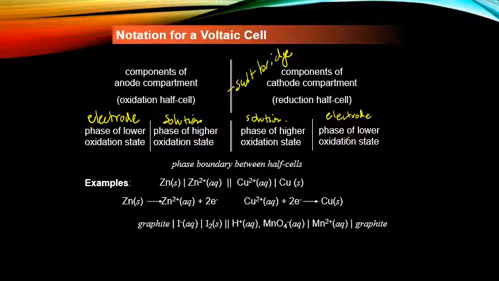So again, I'm listing my reactant substance first, then I'm listing my product substance. Notice again I have another separation of the phase change there. So I have a second single line, and then I have the graphite electrode on the other side as well.